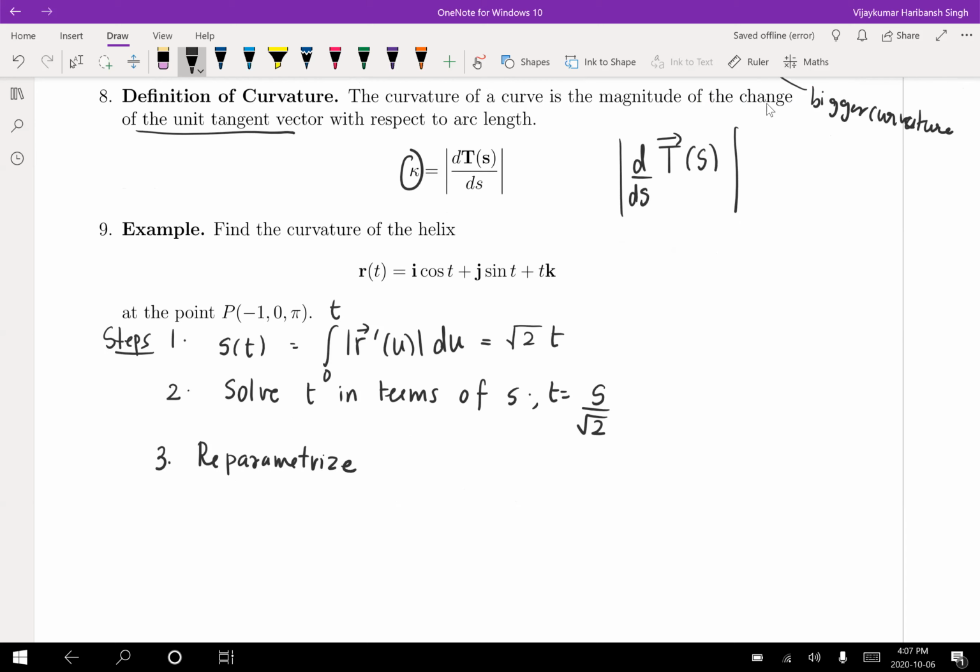So we get r of t of s is going to be cos of s by square root of 2 i plus sine of s by square root of 2 j plus s by root 2 k.